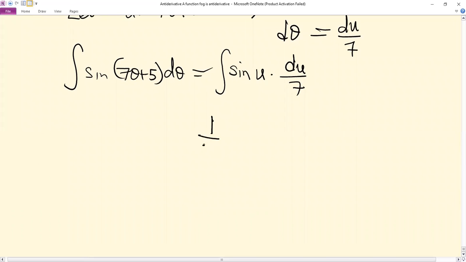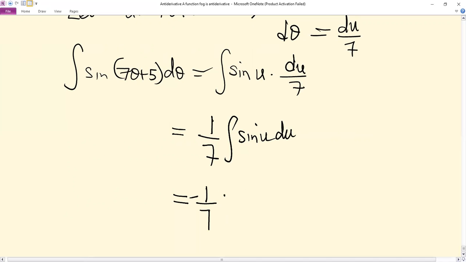So I'll have 1 over 7 integral of sine of u du. And when you integrate sine function, you get negative cos function of u plus c.